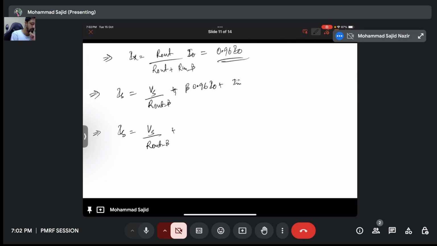So I in will be common. So we get 1 plus A I times beta multiplied by 0.96.